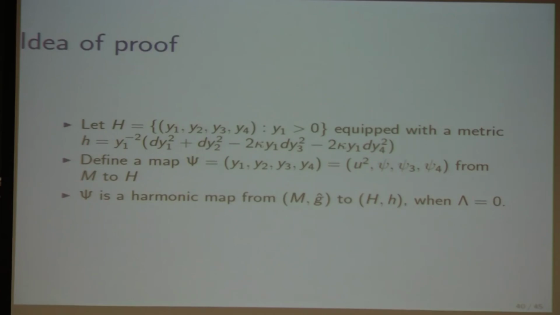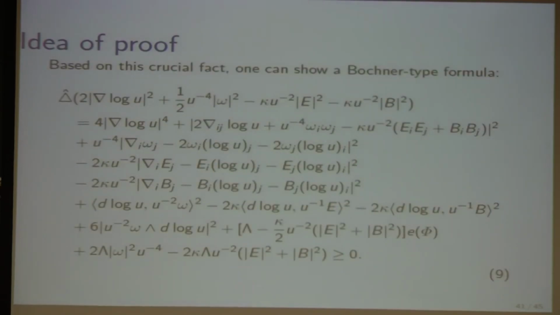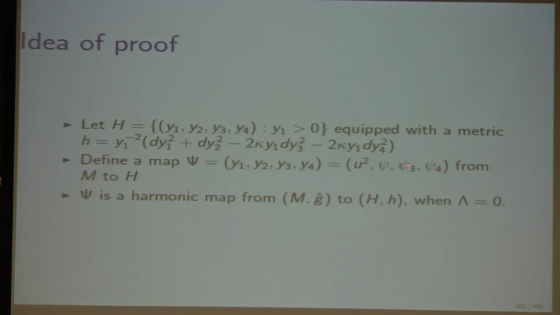So then you compute. You consider a Riemannian manifold here. Then this metric. Define a similar map, involving all 4 quantities. The U, psi 3, psi 4 is the potential of the electric and magnetic field. Then this guy is still harmonic, so you have to do a lot of computation to show that this guy is still harmonic.